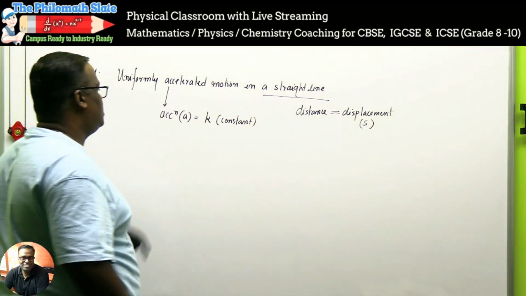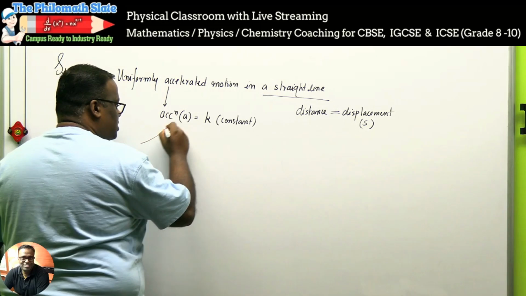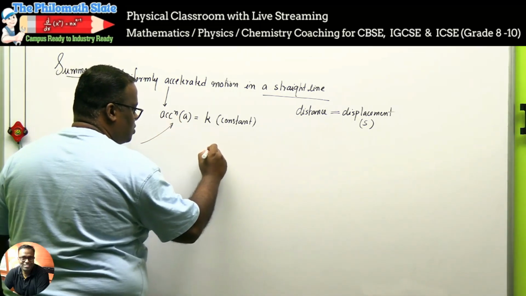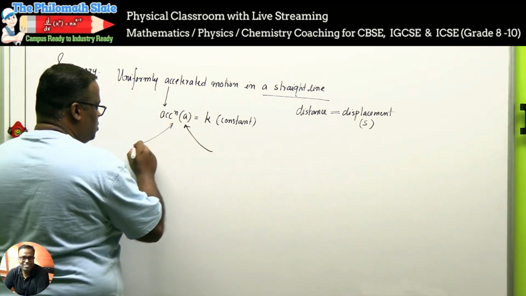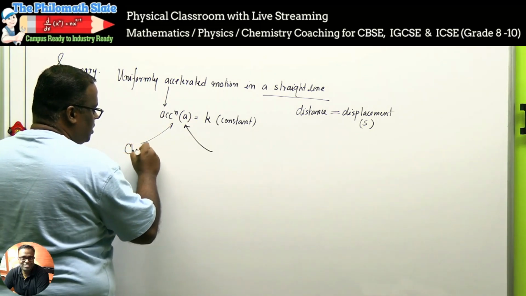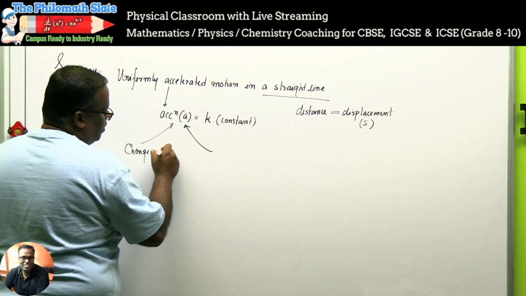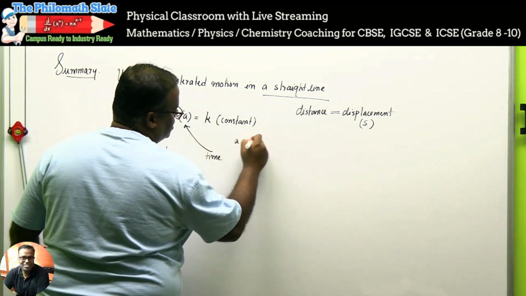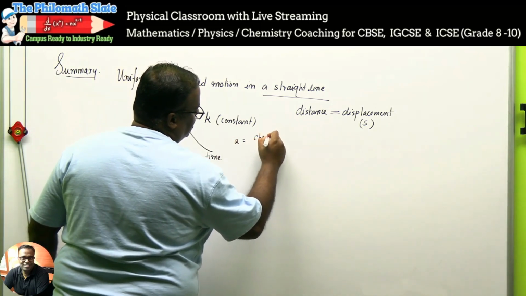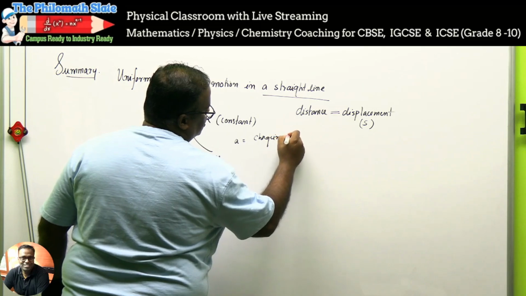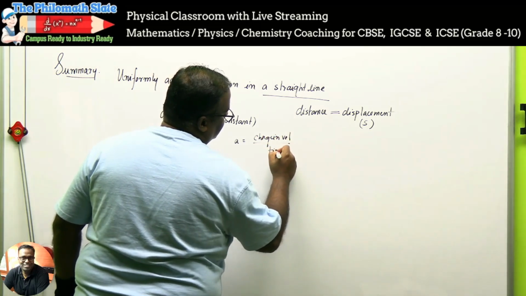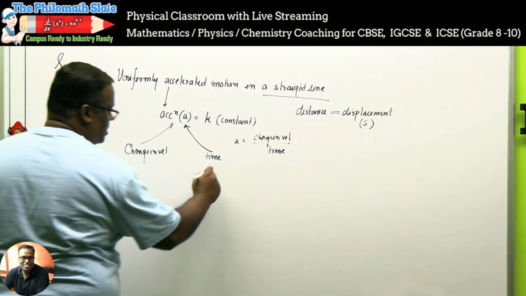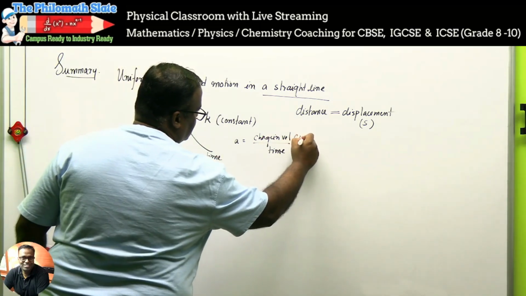Now, if acceleration is present, to give birth to acceleration, there should be some parents. What are the parents? The parents would be change in velocity and time, because acceleration is said to be change in velocity over time. So this is t, and let's call this delta v.